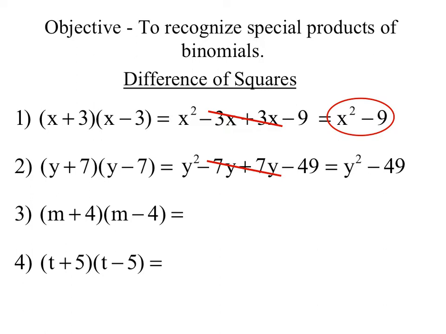Every time I do one of these, I can predict, well, it's not really predicting, that when I have m plus 4 times the quantity of m minus 4, I'm going to end up with m squared minus 16, because I know those two middle products will be negated.